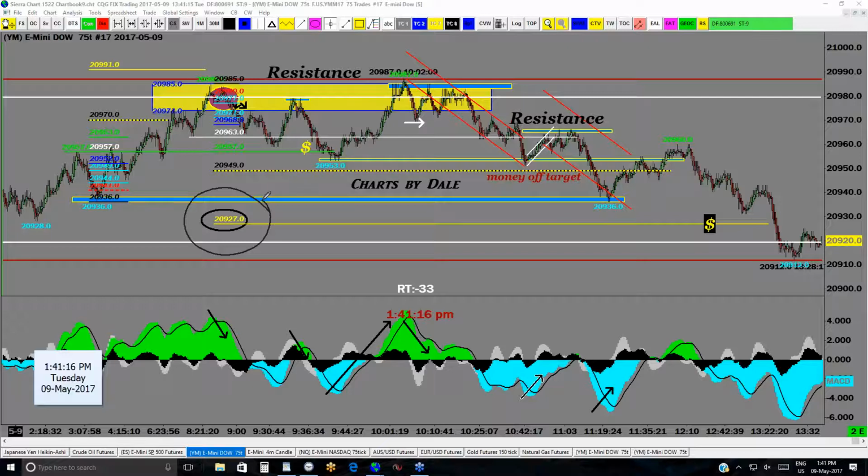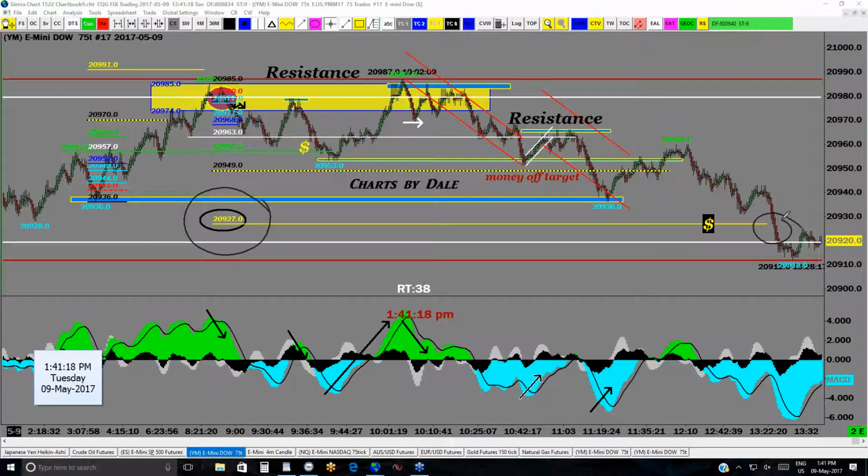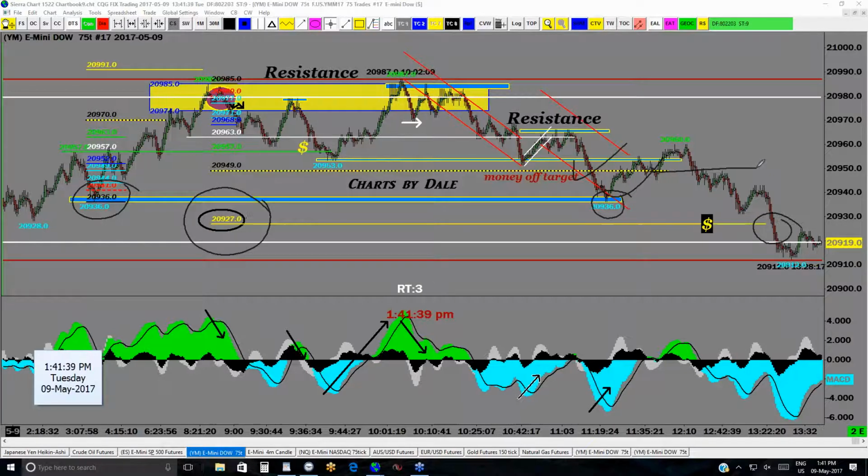Also filled here, but when money off took place, that's a big check, and then we had the double bottom come in, and this here created back up to resistance. We were looking for this here to hold. It did eventually, but the market had to come a little higher, so that's it.